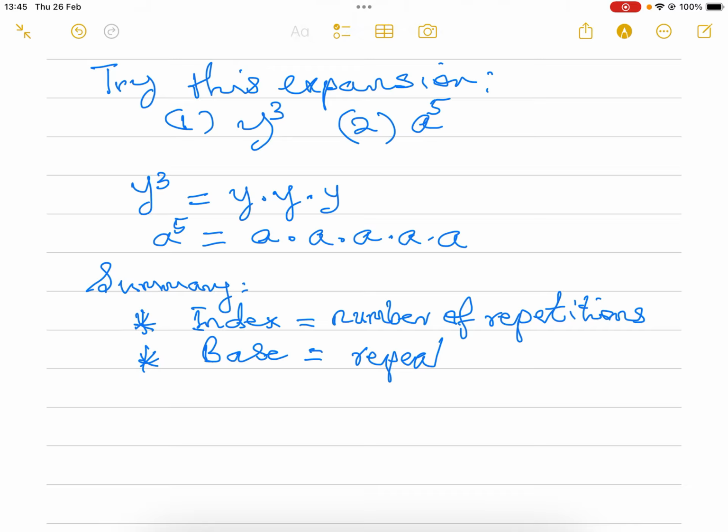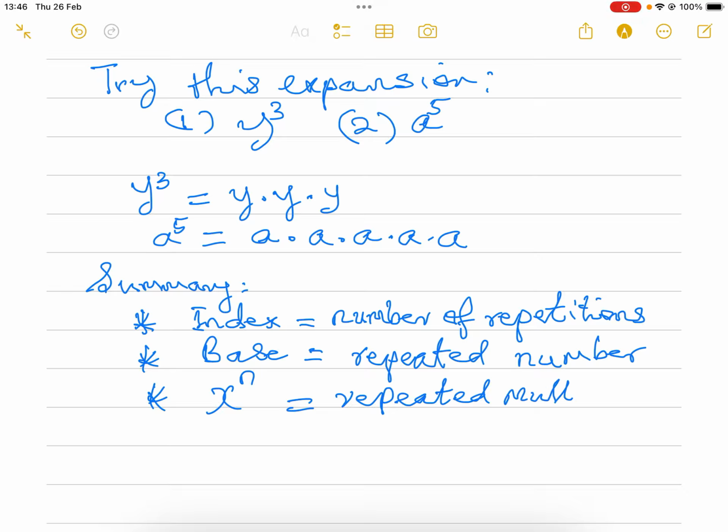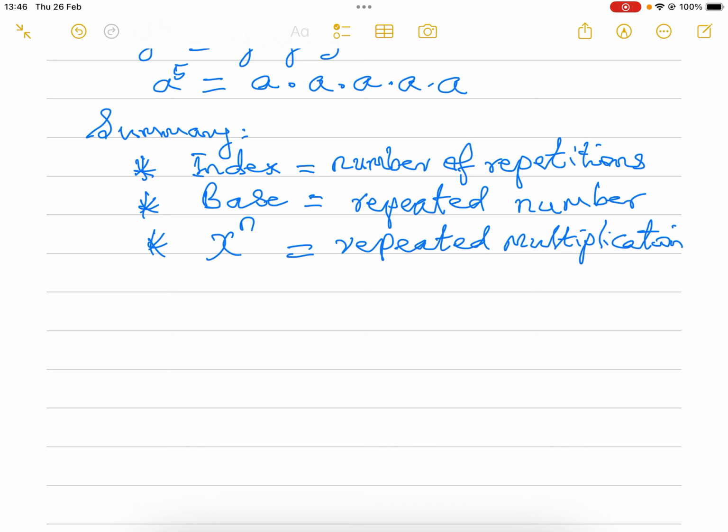We've also discussed that base is the repeated number, the number that you repeat over and over. And then we've also learned that x raised to power n is the repeated multiplication.